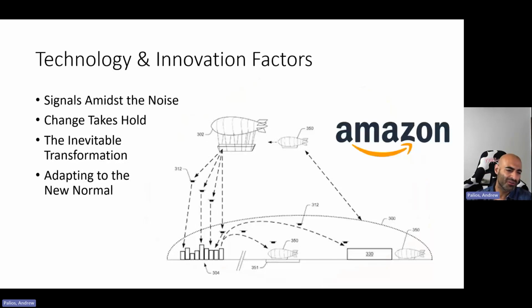Even things like offering free data, rollover data, things like that. If one company starts to do that and then that change takes hold, other brands are forced to follow suit, whether they want to or not. It's just the market actually forces them based on this innovation and technology factor. And then eventually the adaptation to the new normal is finalized in every organization and moves forward with that.